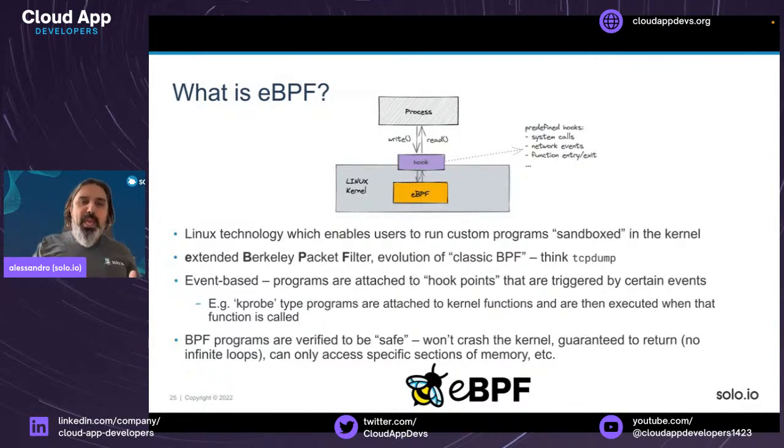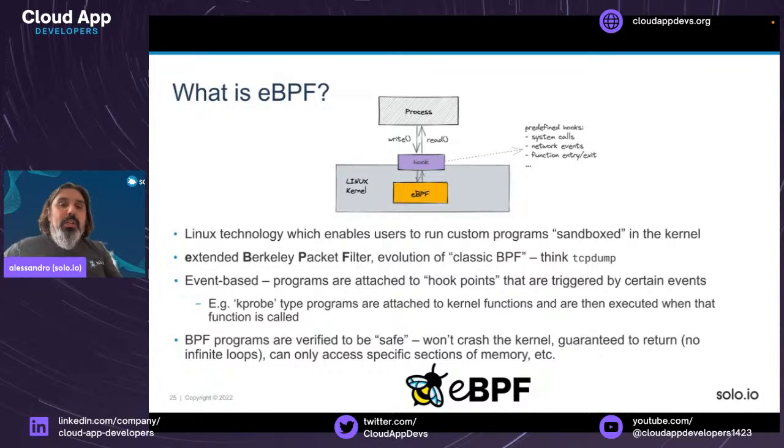So BPF, the Berkeley Packet Filter, was born a long time ago to do exactly this, executing network programs, specifically network, and then it's been extended to anything beyond just networking, also to monitor anything running on the kernel level.